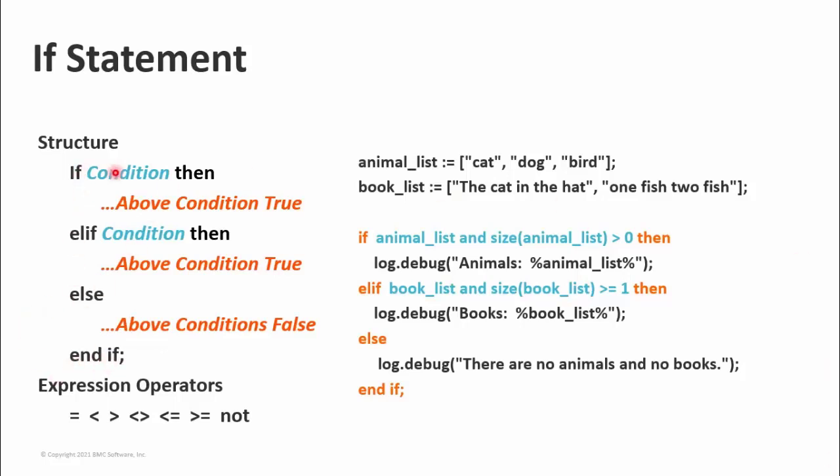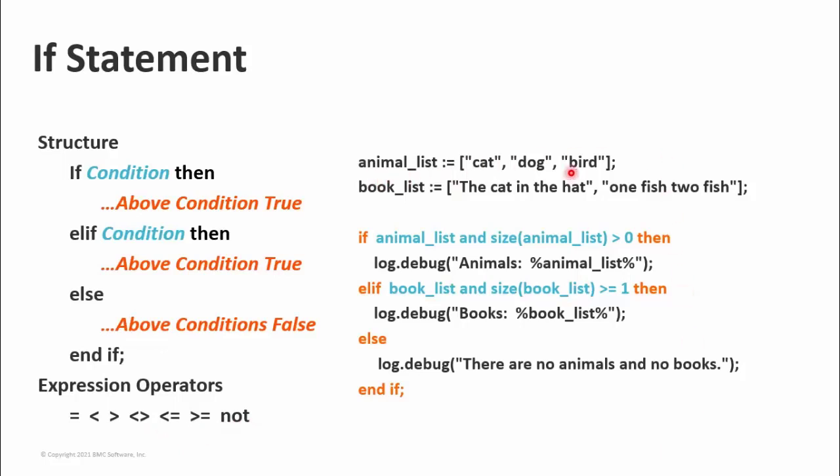The expression operators inside the if statement are the equal sign for testing for equality, the less than sign, the greater than sign. Then less than, greater than sign together is equivalent to saying not, or you can use the word not. Then we have the less than or equal and the greater than or equal signs.